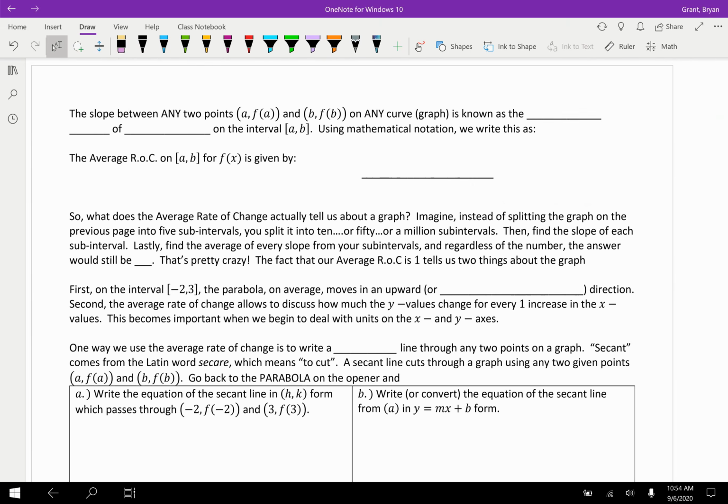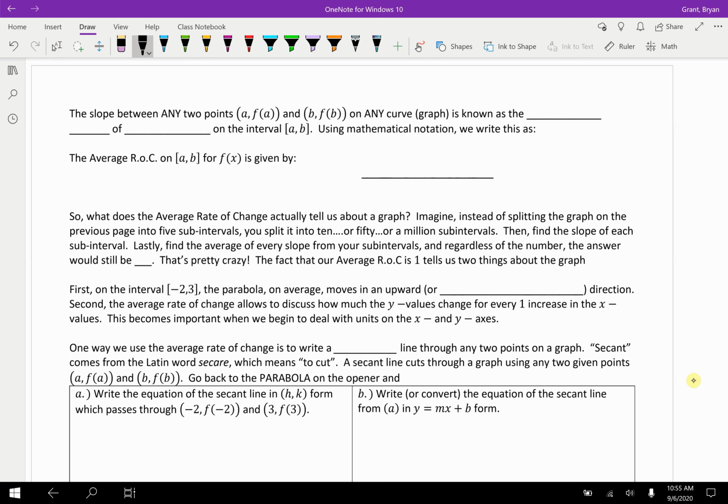Okay, and here's why. For the slope between any 2 points, and I'm going to use this for really the rest of this year, starting today, instead of writing a point as x sub 1 and y sub 1, we're just going to use a comma f of a. If you wanted, you could do x comma f of x, but we usually assume x is a variable. When I write it as a, that means it's a specific number.